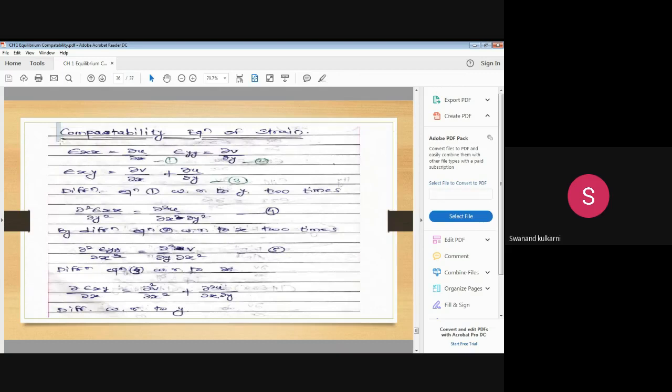Is it okay? Then let us come to the next type of equation, that is considered to be the compatibility equation of the strain. Is it okay? So, a number of times these two equations are asked alternatively. The first equation, which during the previous lecture we have seen, was the concept of the differential equation. Is it okay?